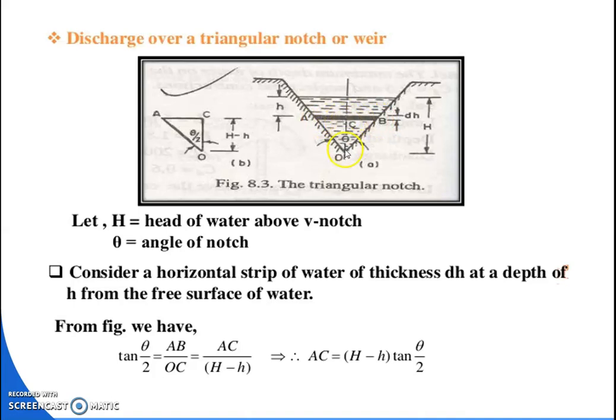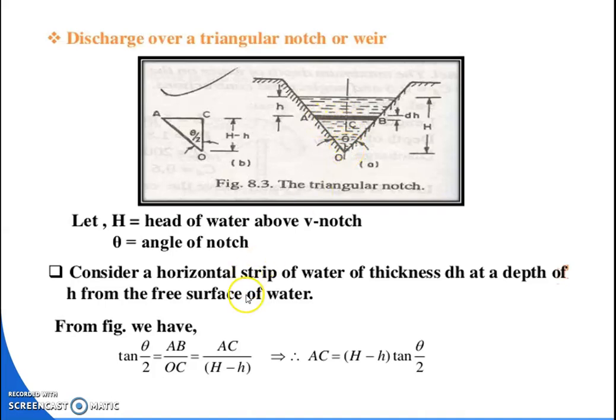Considering the triangle AOC, the base is OC, the perpendicular is AC, and OA is the hypotenuse. According to tan of angle, perpendicular by base means AC by OC.